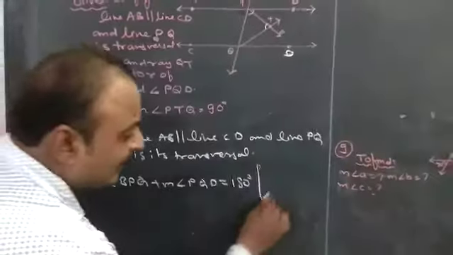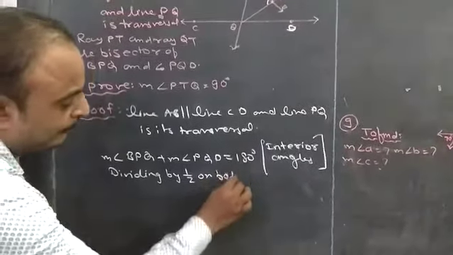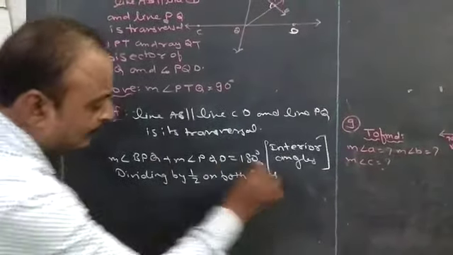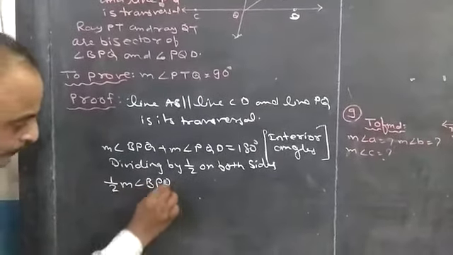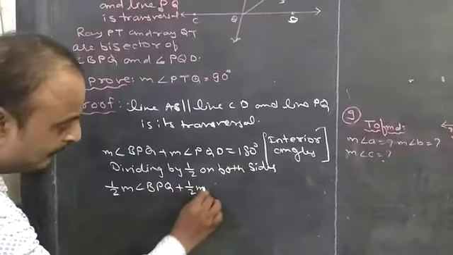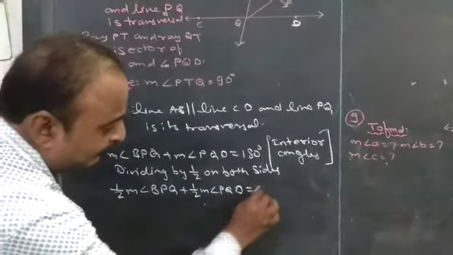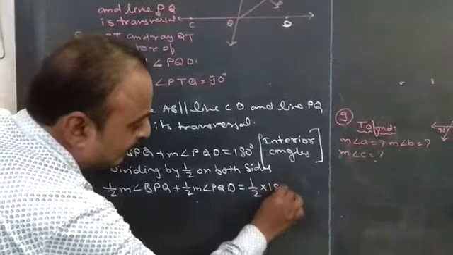Now I am going to do one thing. Let us divide each angle given here by 1/2, so I am going to divide both sides by 1/2. Dividing by 1/2 on both sides: 1/2 measure angle BPQ plus 1/2 measure angle PQD is equal to 1/2 into 180.